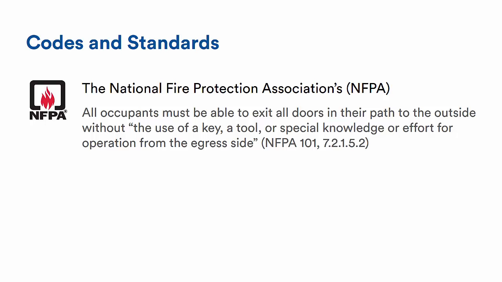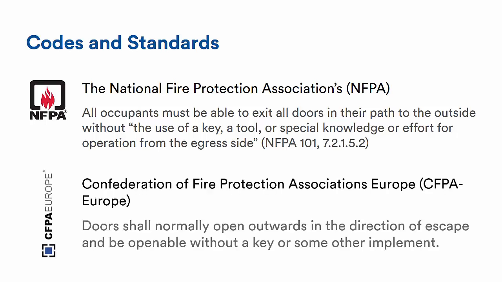As a result, people are still able to egress, or still able to exit, but have a 15 or 30-second obstacle if they don't have the appropriate credential to leave. Another example of a fire protection association is the CFPA in Europe, which has similar codes and standards where doors shall normally open outwards in the direction of escape and be openable without a key or some other tool.